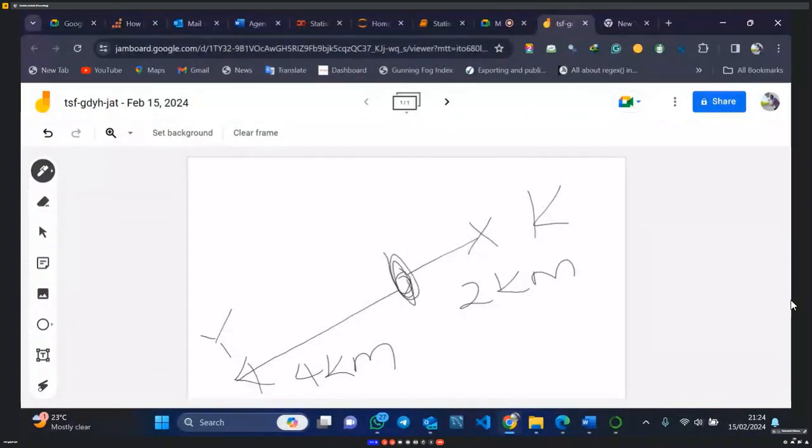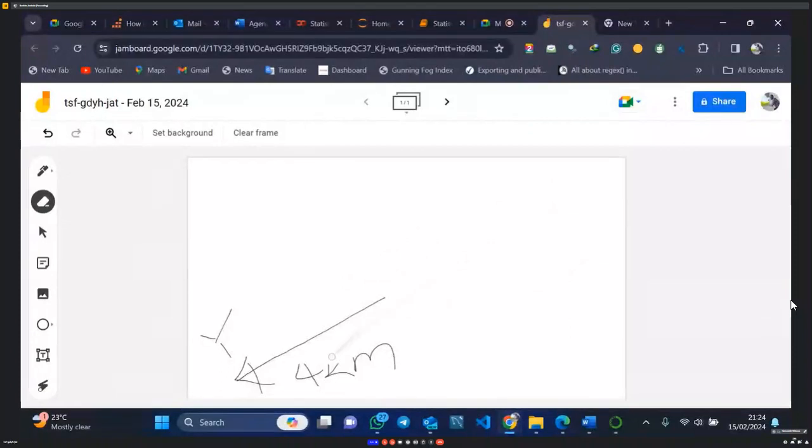You can do it better by drawing both of them on the same side. Oh, on the same side? Yeah, on the same side. Sure. Let me just erase this and then draw it on the same side. So for instance, this is the CBD here.